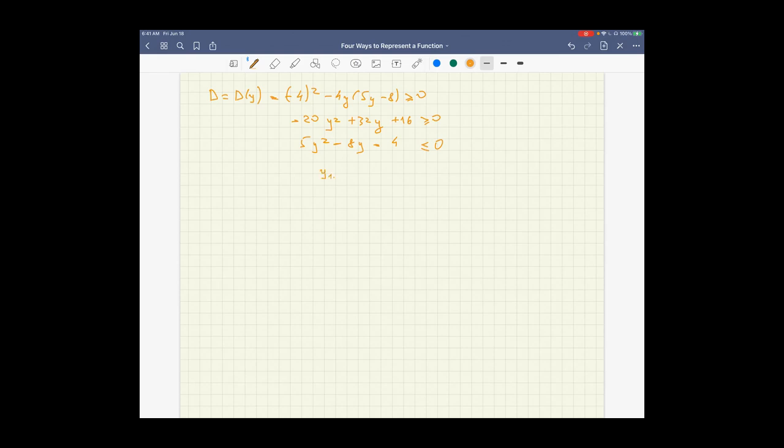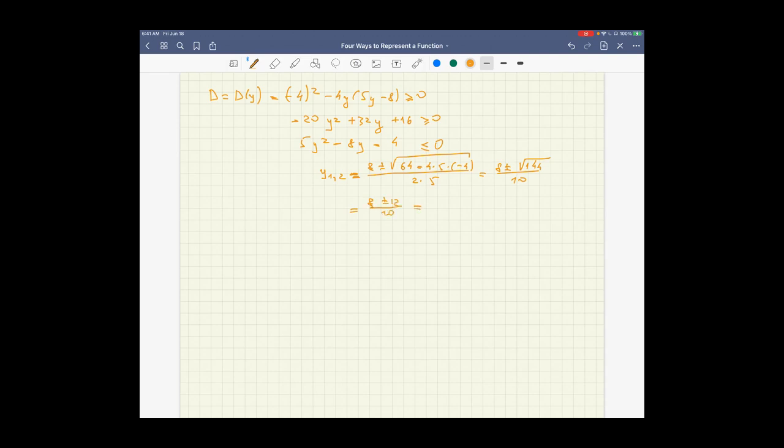The roots of this quadratic are easy to find by a known formula. 64 minus 4 times 5 times negative 4. So what is under the square root? 4 times 4 is 16, 16 times 5 is 80, 80 plus 64 is 144, and 144 is the square of 12.